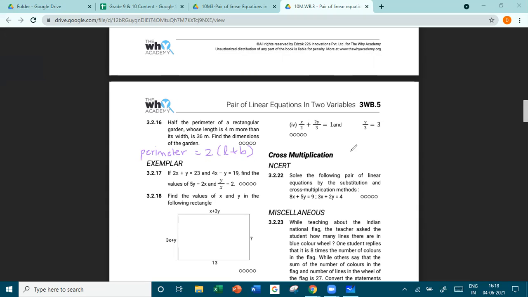Dimensions of the garden, basically you need to write it in terms of L into B. So you get the value of L and you draw this multiplication sign and write the value of B, right? It's in meters, so both will be in meters. This is how you represent dimensions. Okay.